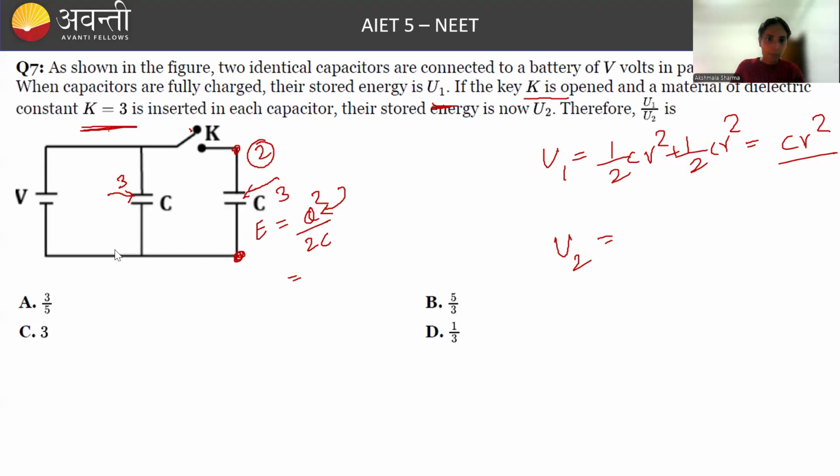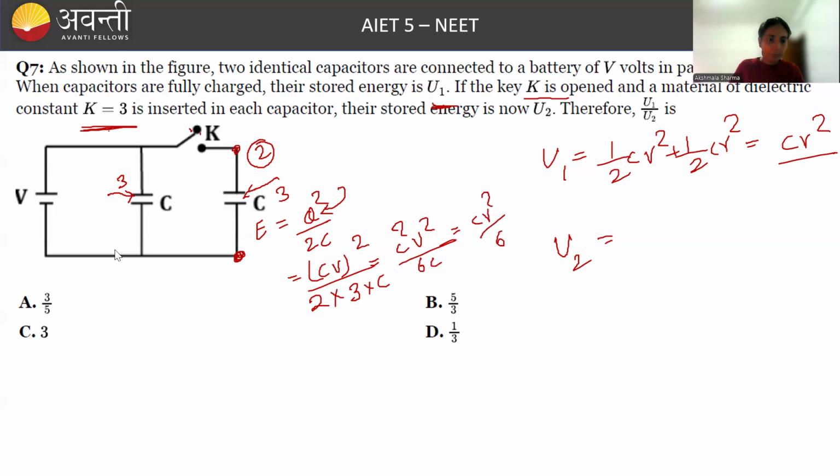So q is not going to change even after we disconnected it from the battery. q was CV, so it will stay CV even after adding the dielectric. So q square means (CV) square, over 2 into C, where C will now become 3C, that is kC. So this is going to be C square V square by 6C, that is CV square by 6.